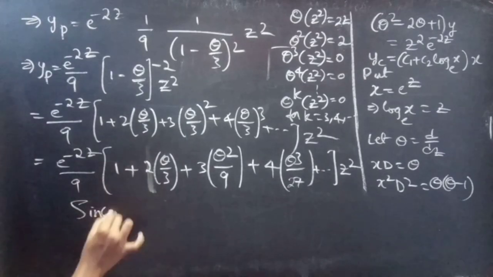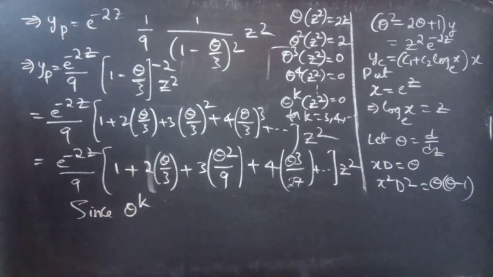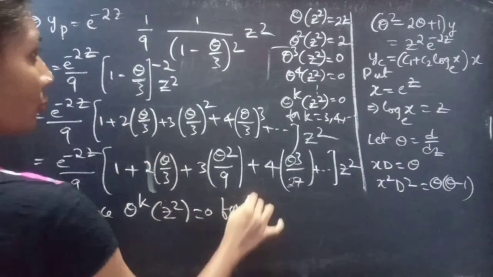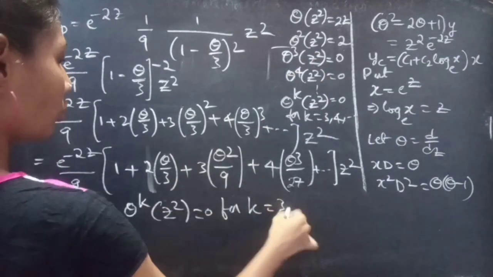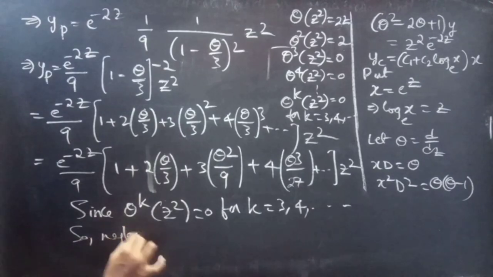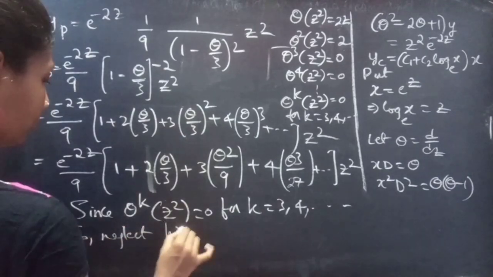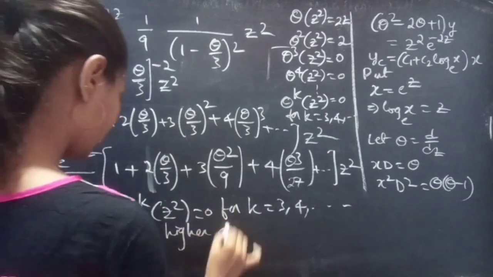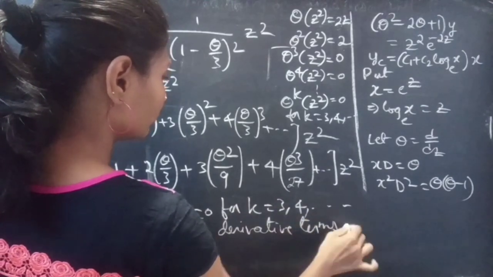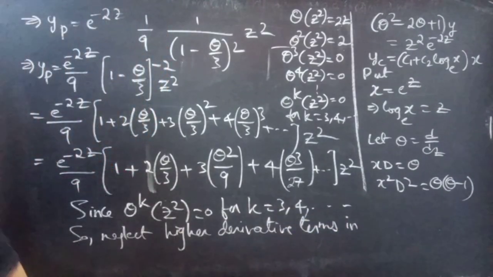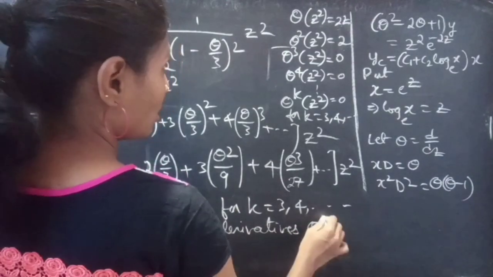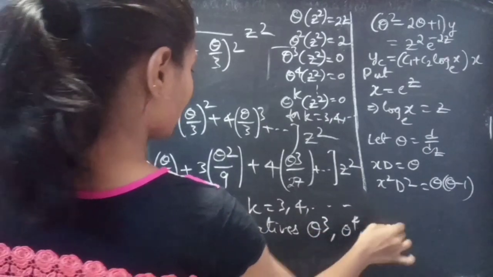Since theta power k of z square is 0 for k equals 3, 4 and so on, we neglect higher derivative terms involving theta cube, theta power 4 and so on.